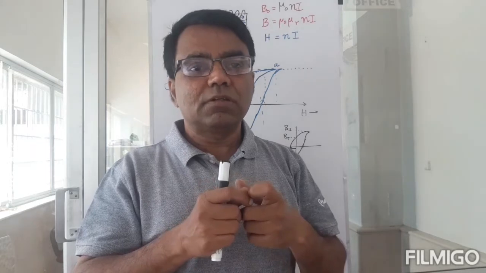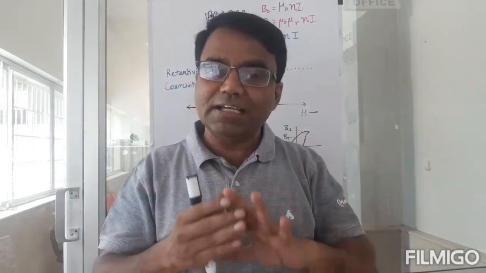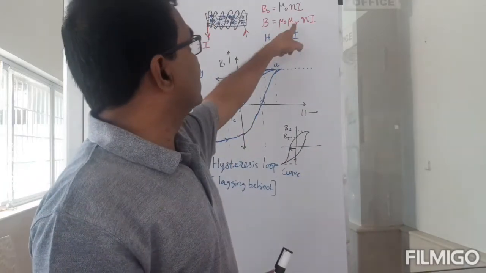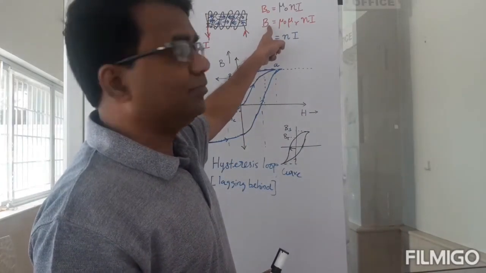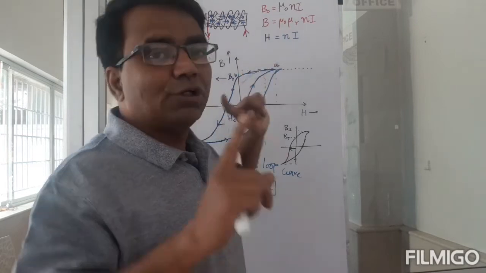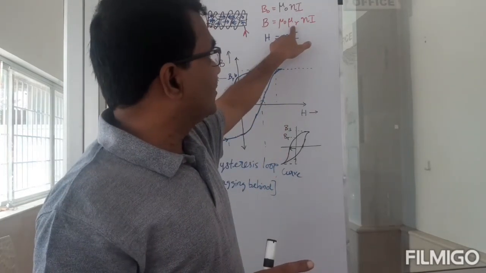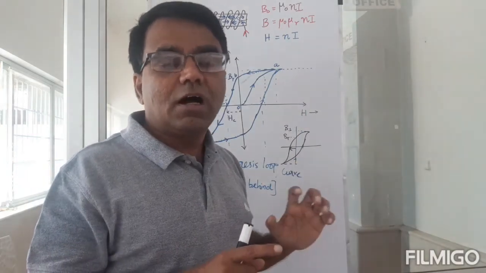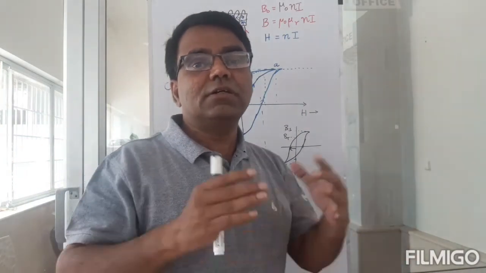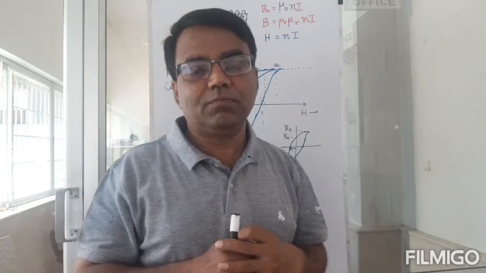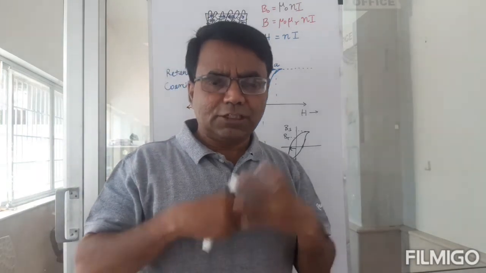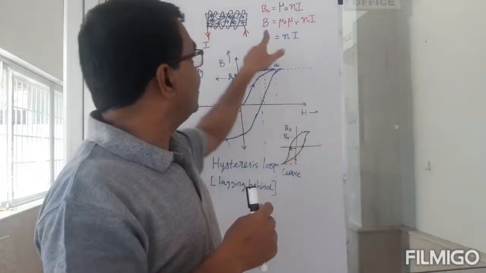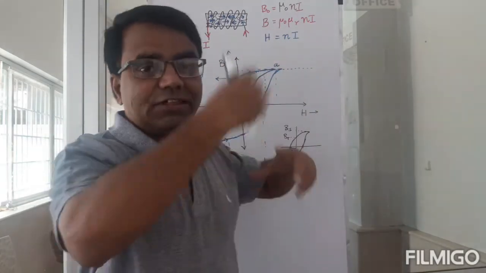Okay? And these materials must have high permeability, right? Because only when you have high permeability, magnetic field strength will be high. So you should have high permeability, high retentivity and also high coercivity for permanent magnets. And for electromagnets, you should have high permeability, certainly, because you want to have a great field strength.